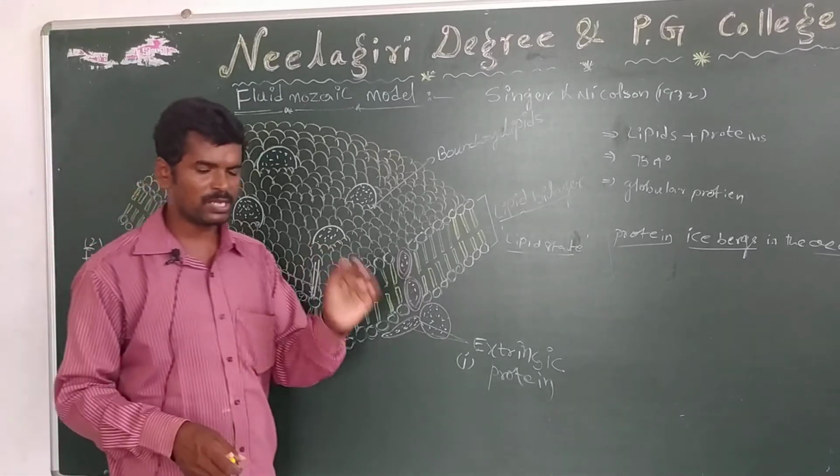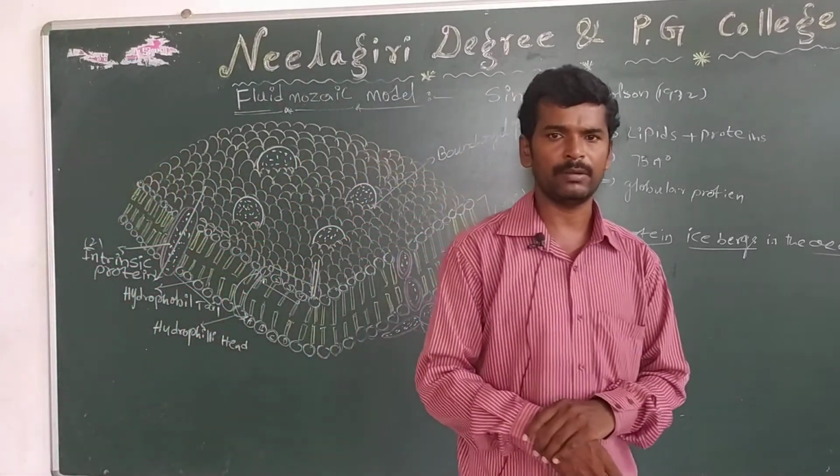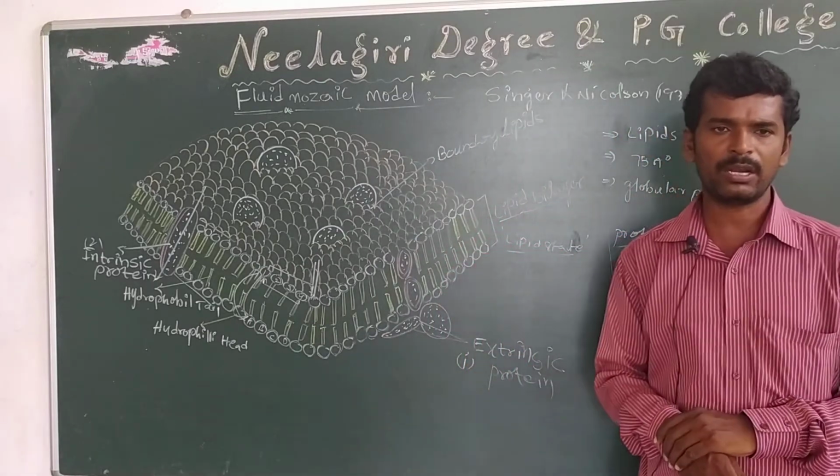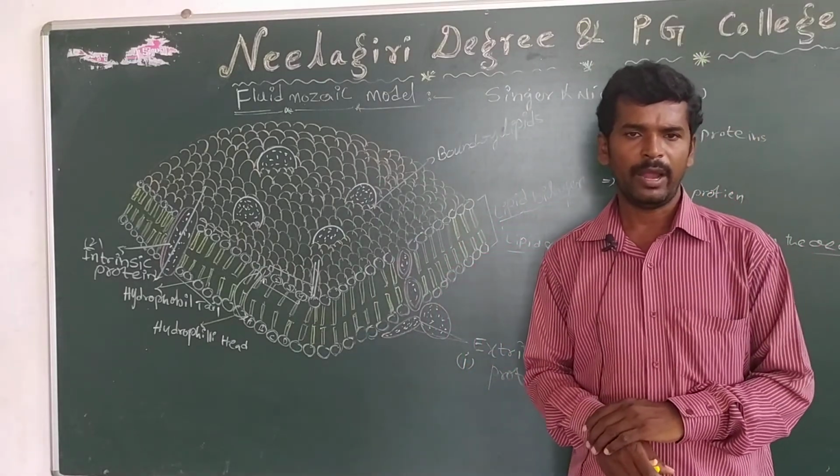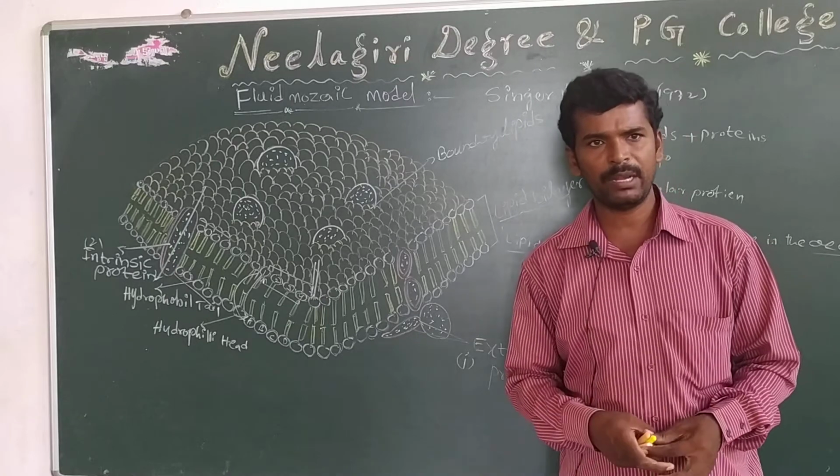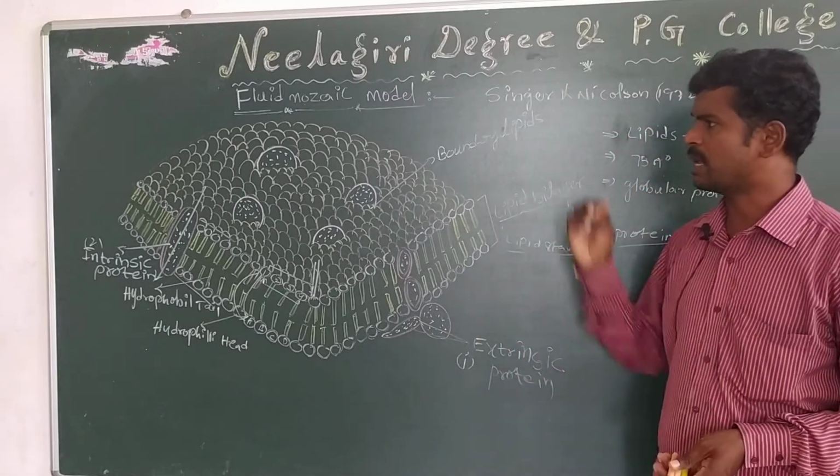Next, the functions of the plasma membrane. In the last classes, we covered the structure of the plasma membrane, the components of the plasma membrane, and the models of the plasma membrane.